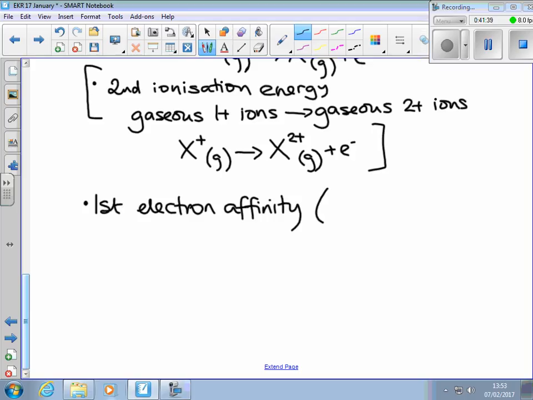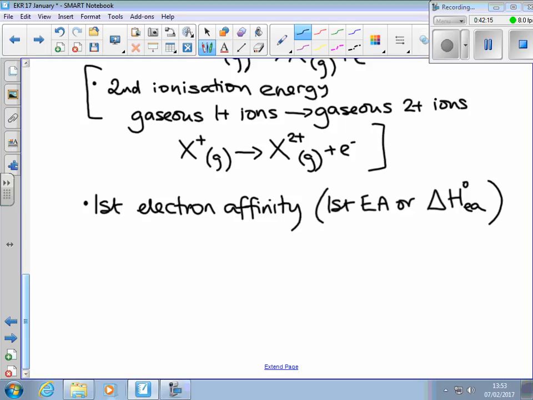Again, you will often see it just as first EA, or I think what they've put on this sheet is EG, which is electron gain, but you might see EA. Usually they'll be defined, and you can usually work out what they mean anyway from where they are. But electron affinity is what's happening over the right-hand side of the periodic table.